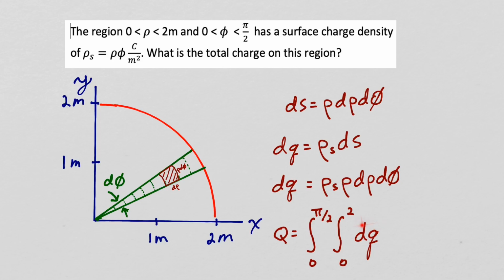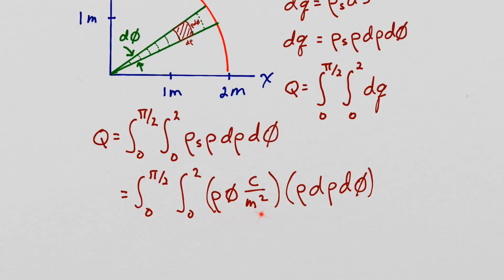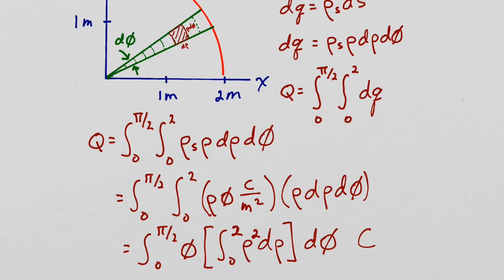For rho sub s, we will substitute this expression. Rho sub s has units of coulombs per meter squared. dS has units of meters squared because rho is in meters and d rho is in meters. So this will indeed give us charge. I've rearranged this equation and indicated its units of coulombs.